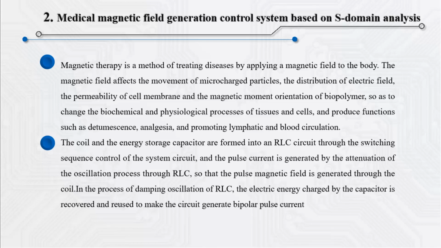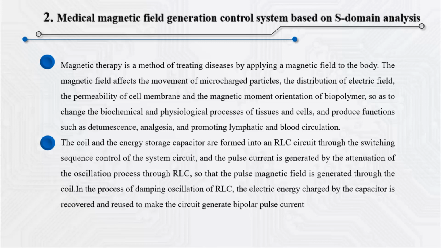Magnetic fields act through the movement of micro charged particles that affect the body's electric field distribution, cell membrane permeability, and the magnetic moment orientation of biopolymers, and so on. So that the biochemical and physiological processes of tissue cells change, which reduces swelling, relieves pain, and promotes lymphatic and blood circulation.